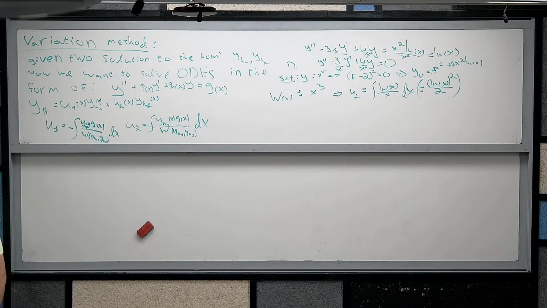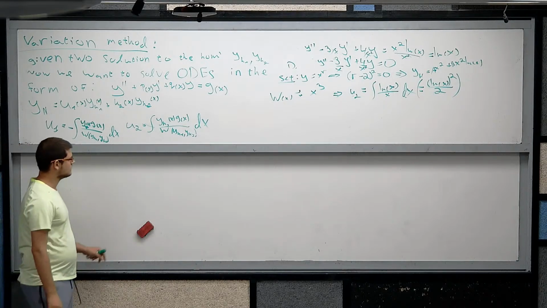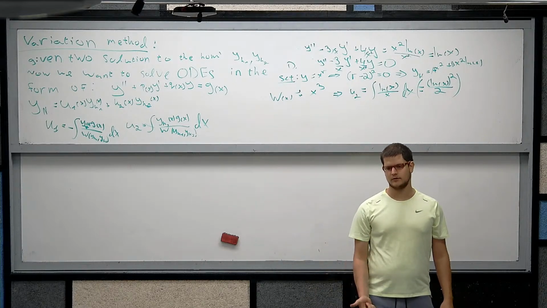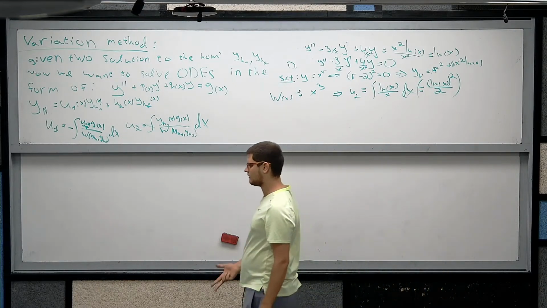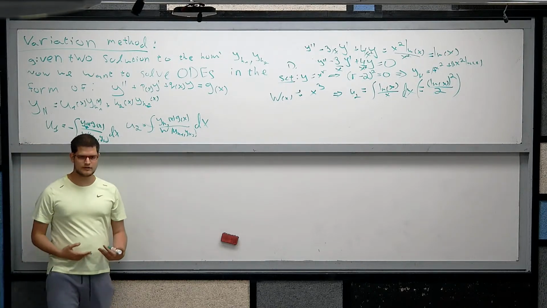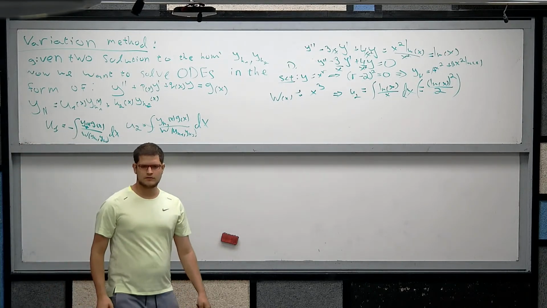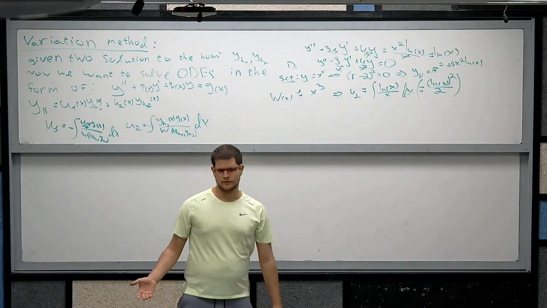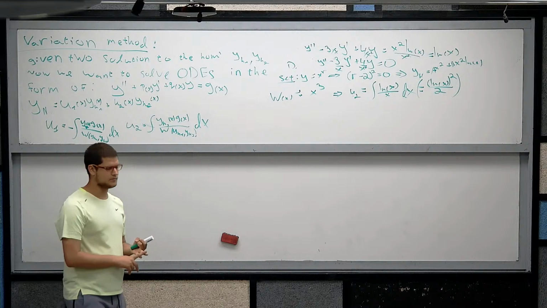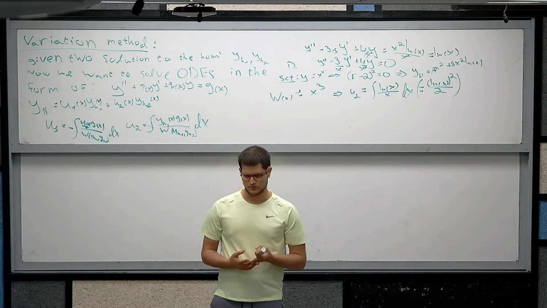Now let's go to the second tutorial and let's talk about ordinary points, regular singular points, and irregular singular points. So let's just give the definition and then I will talk only about regular singular points, because ordinary points and irregular singular points we already talked about in the lecture.